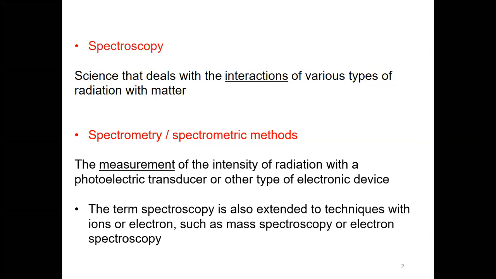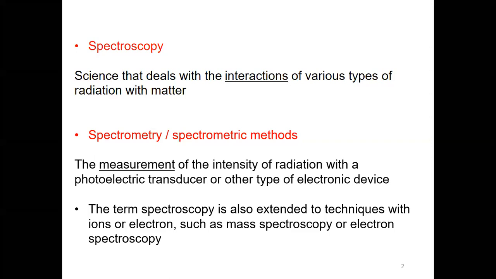And also, in the definition I gave, it is the interaction of various types of radiation with matter. But the term spectroscopy we also extend to techniques like mass spectroscopy and electron spectroscopy, right?